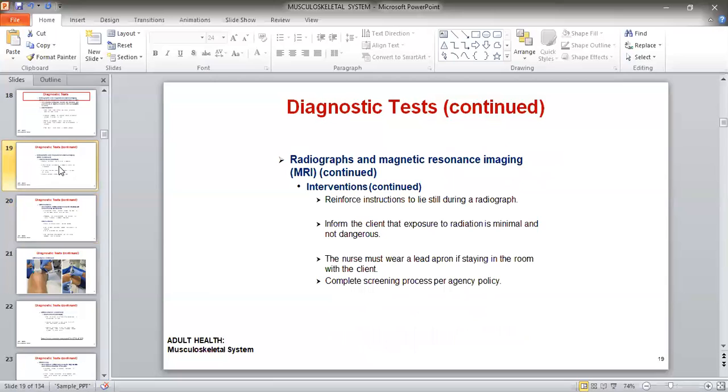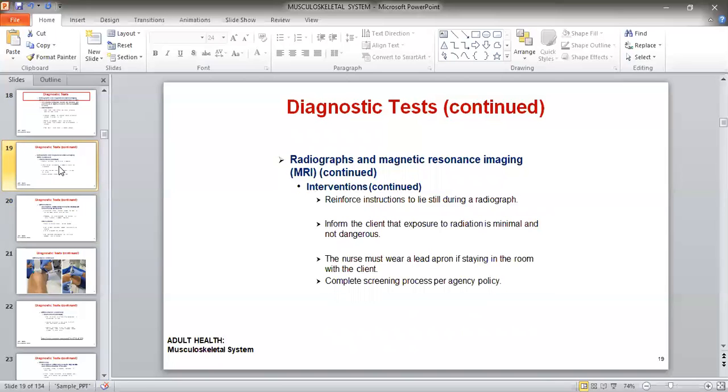So during MRI, we have to assess for pregnancy. If patients are pregnant, they're not a candidate. So pregnancy is a contraindication. If the patient has any kind of implantable device like a pacemaker, we have to find it out first.